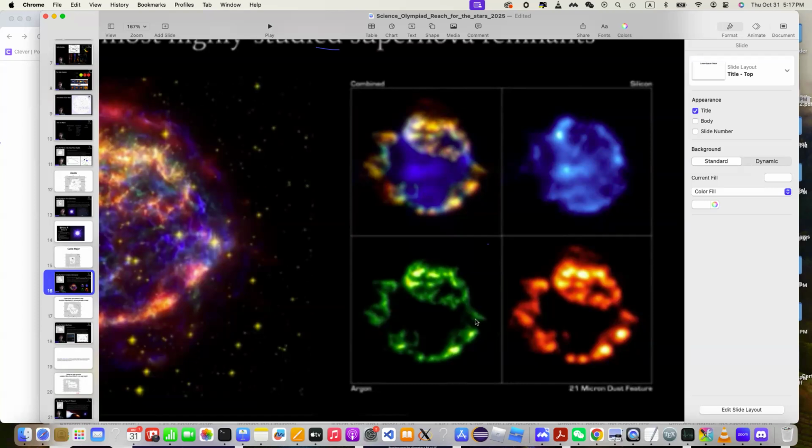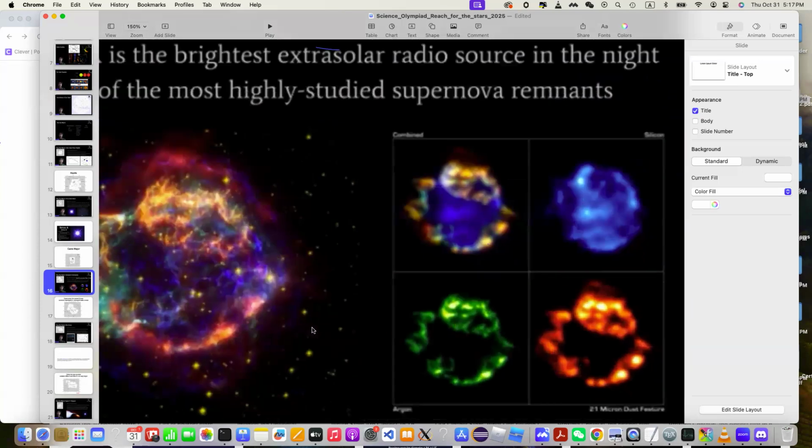So these images tell you that different wavelengths will trace different parts. The silicon line will trace the inner part, and the dust will be in the outskirts of the remnant. As the remnant evolves, the envelope will keep expanding, so it will get bigger and bigger.